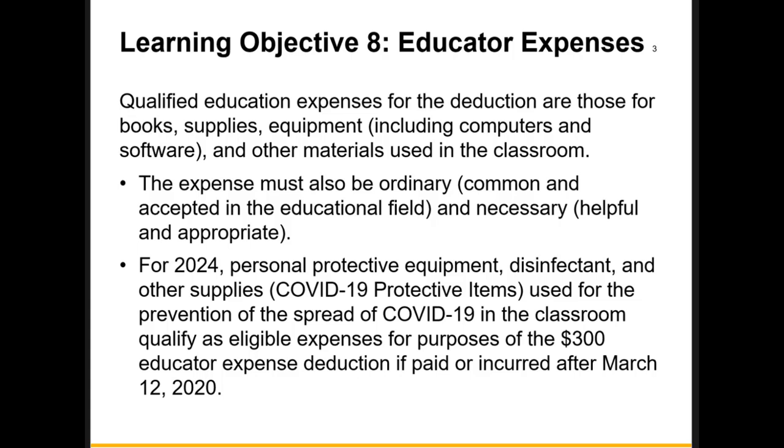And things that qualify as these types of expenses, and of course you'd have to keep some evidence of what you spent, are books, supplies, equipment, other materials. Then they expanded it to PPE, things that you dealt with the pandemic, because they were concerned that schools were not providing enough of this through their teachers.